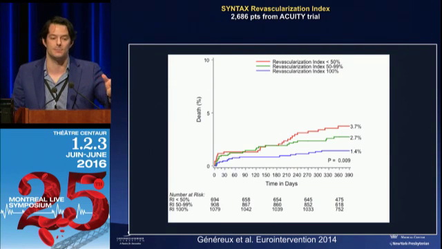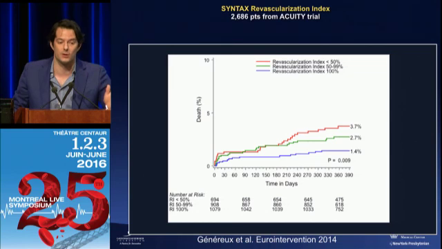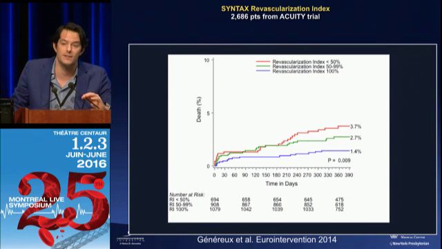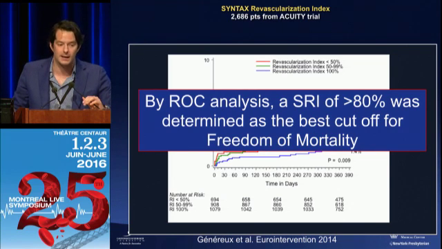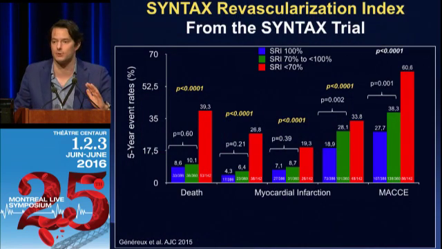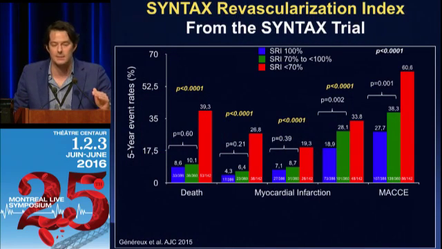If you're able to remove everything, 100%, you have good outcome compared to if you remove only 50% of the burden, which is very intuitive, and is true for mortality. And like I said, the cutoff was identified of 80%. If you remove 80% of the burden, you improve prognosis and you have no difference in mortality. And I validated this concept in the SYNTAX trial.